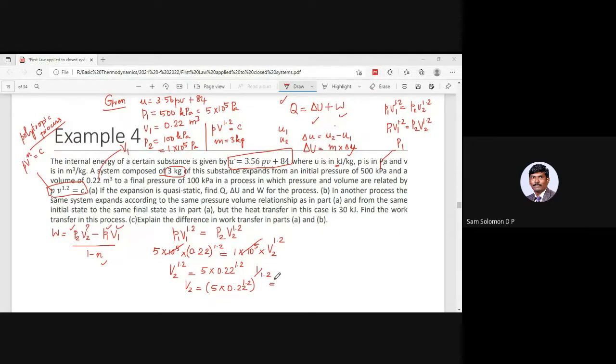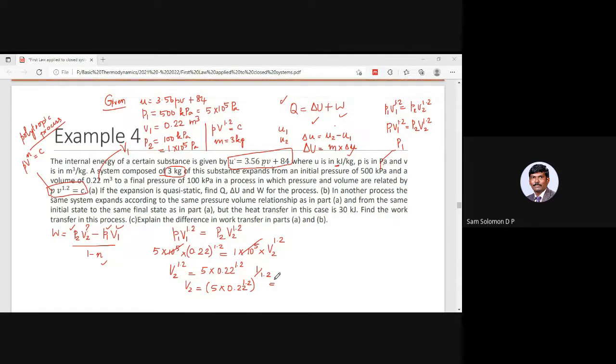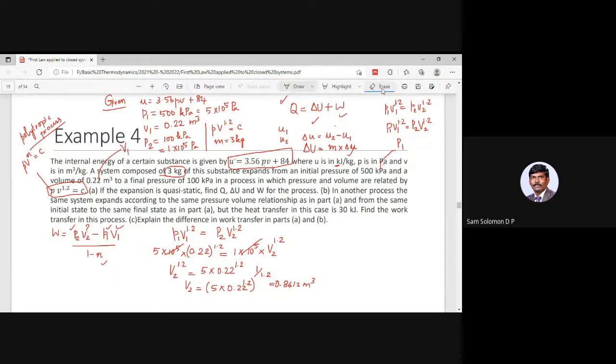So this guy to the power 1 divided by 1.2 is 0.8412 meter cube. But here they have just given 0.22, so we can also restrict to 2 decimal places. We can simply write 0.84 meter cube. Whatever is given in the problem, you can stick on to that norm. No harm in that.